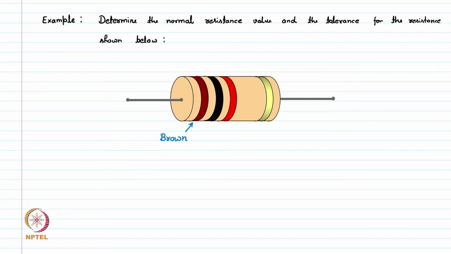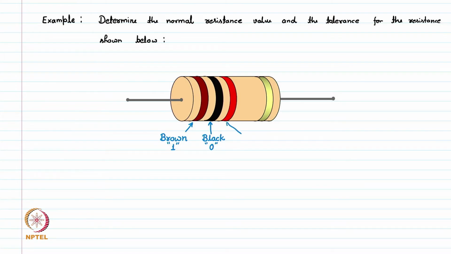and the brown color from the last table, you can see this represents digit 1. The next band is black, and the black represents 0 from the table.